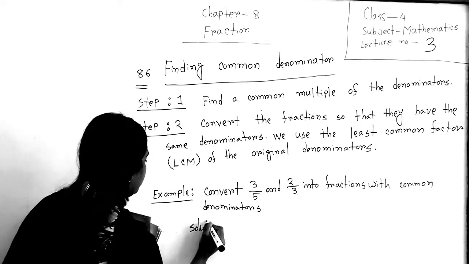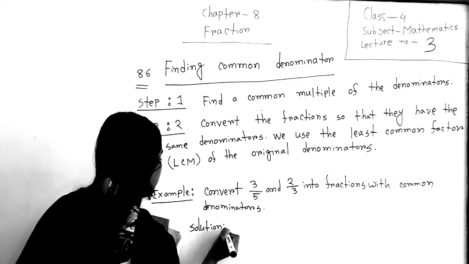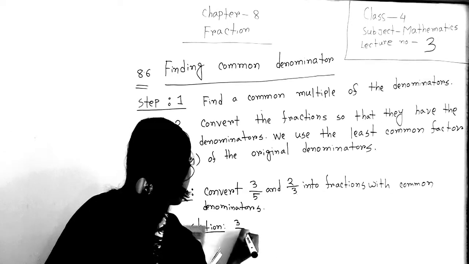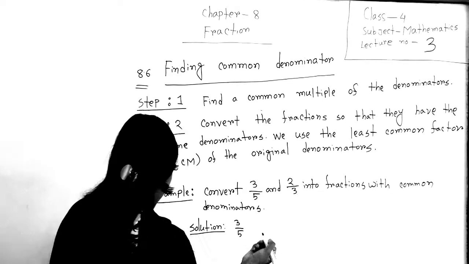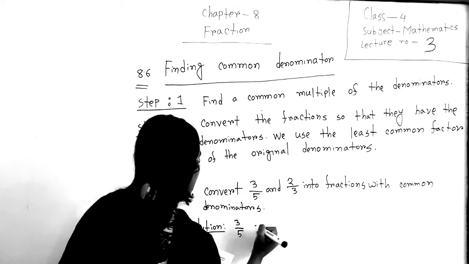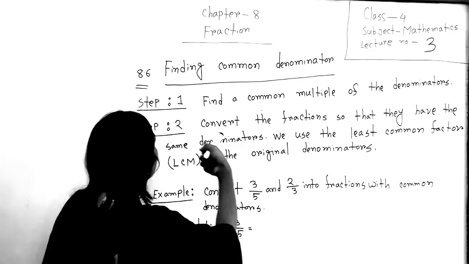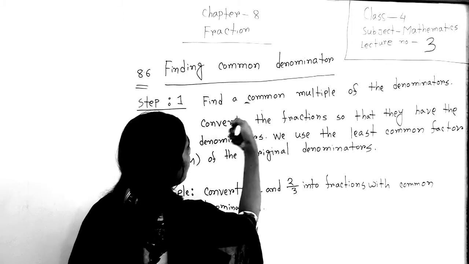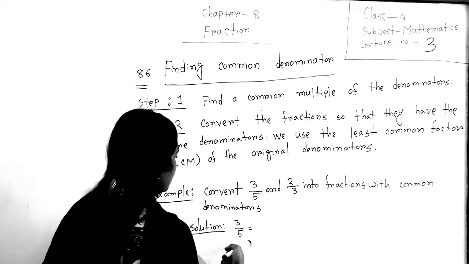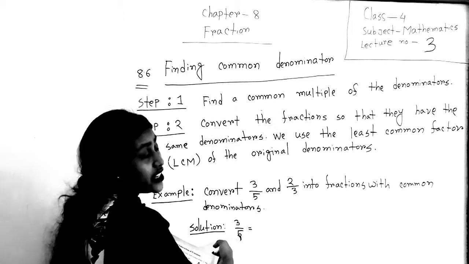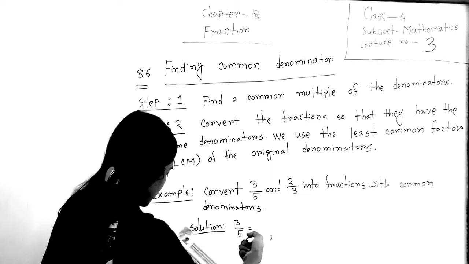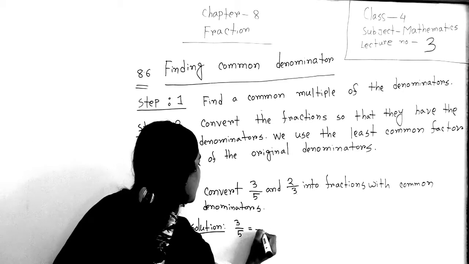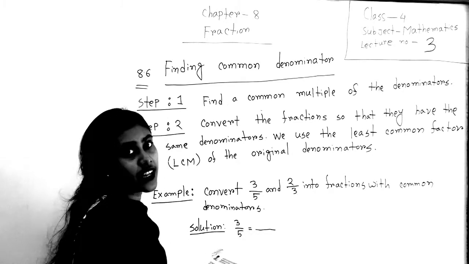Solution: for 3 divided by 5. Now, at first, I find a common multiple of these denominators. For finding common multiples, we use the multiplication process, which is given in the previous class.